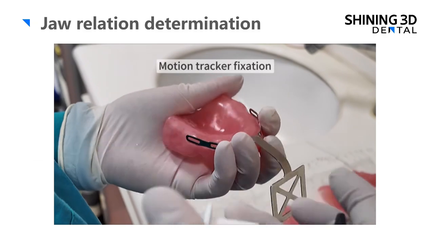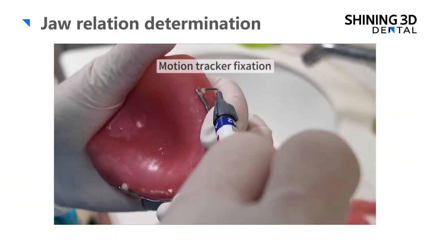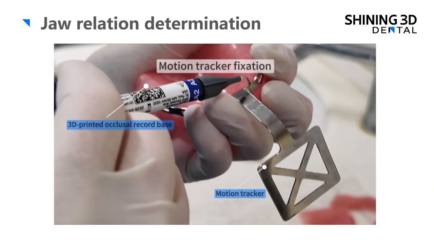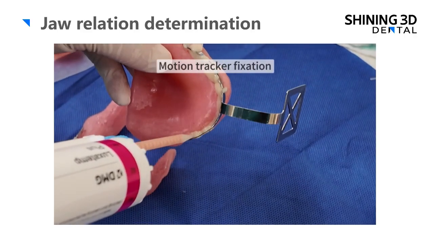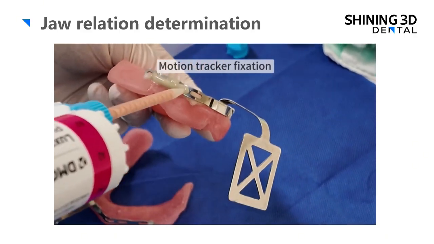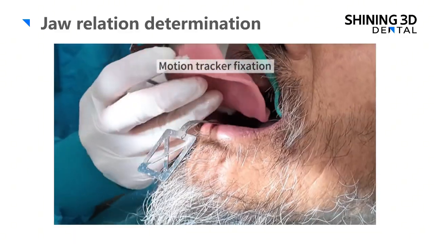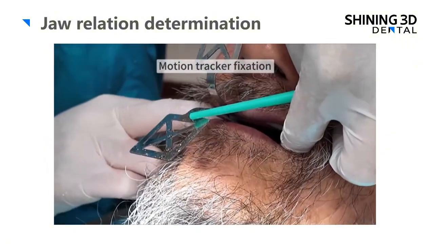Here is a long video showing the full process for the removable denture workflow using the jaw motion module. At the very beginning, we need to do some motion tracker fixation. We have a 3D printed occlusal record base and a motion tracker, and we use temporary resin to make the motion trackers stably fixed on the base that we created.